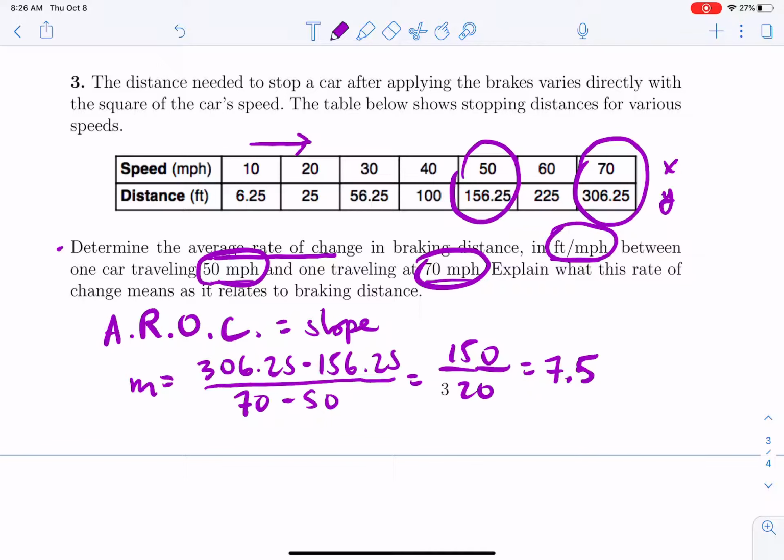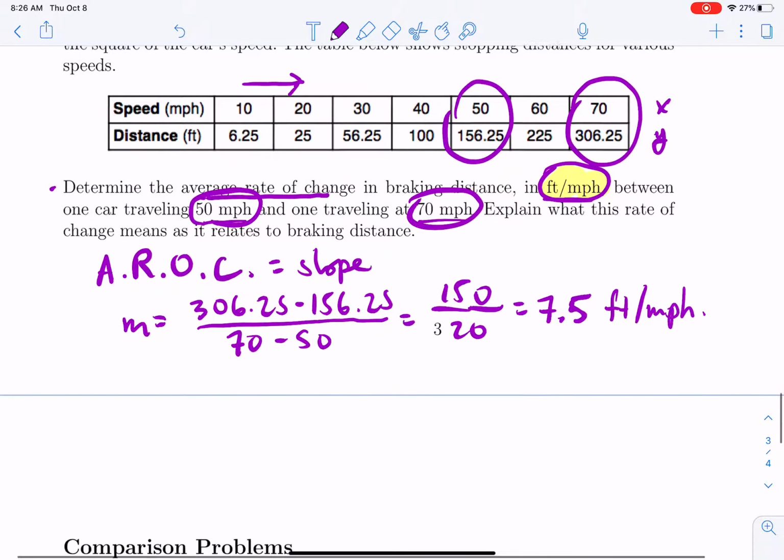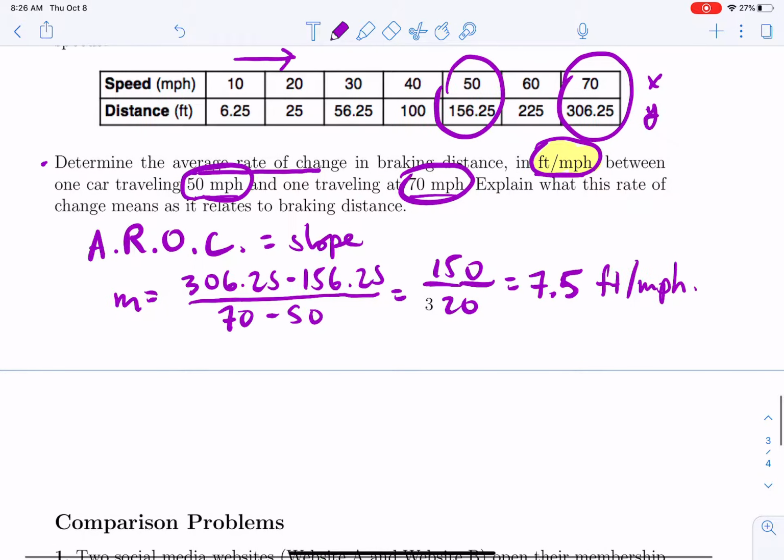Now, what's our unit there? It's right here: feet per mile per hour. What does this change mean as it relates to the braking distance? Let's take what's explained in the problem and rephrase that as a sentence.